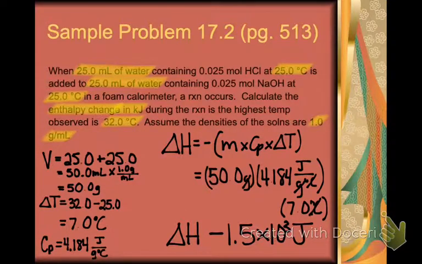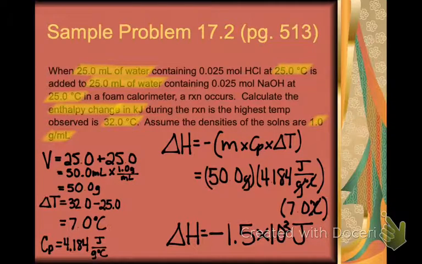If a reaction gives off heat, it is exothermic. What do we know about the sign of delta H when a reaction is exothermic? Well, we talked about that in a previous video. And if you remember, a negative delta H is an exothermic reaction. So it makes sense that our delta H is negative.